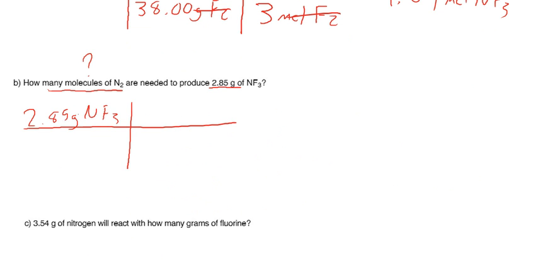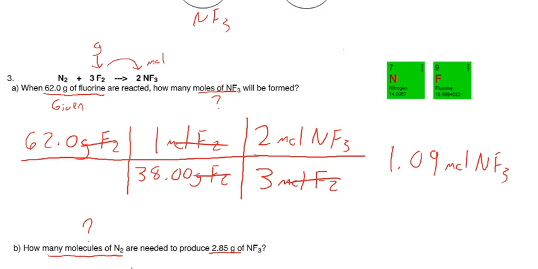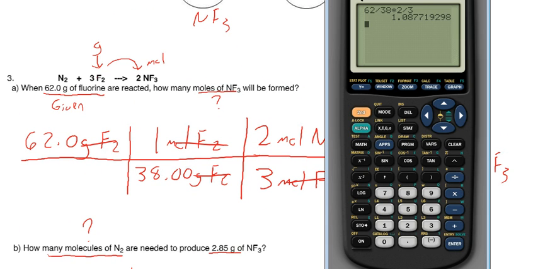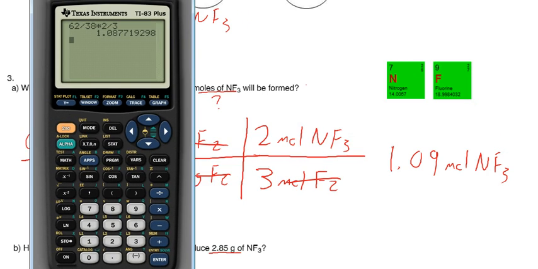We have grams of nitrogen trifluoride. So let's go ahead and be able to cancel this out. We have to figure out how many grams from the periodic table. So taking a look right here at our masses, we see that, all right, 1 nitrogen is 14.01, plus we have 3 fluorines, and each of those has a mass of 19.